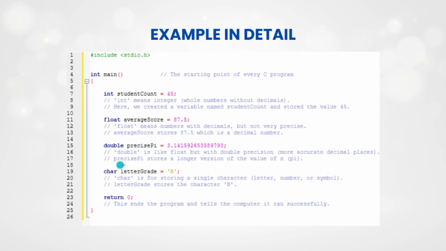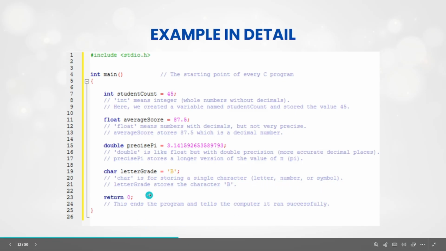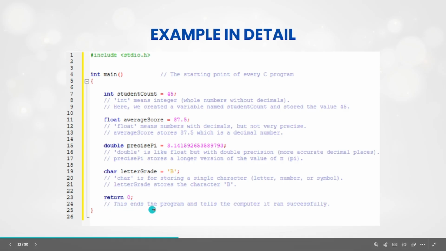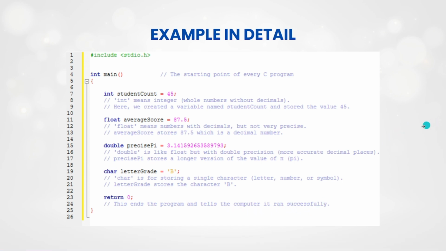Let's say we have a variable named precise_pi, which stores a longer version of the value of pi. Char letter. Char is for storing a single character, letter, number, or symbol. letter_grade stores the character B. And return 0 ends the program and tells the computer it ran successfully.